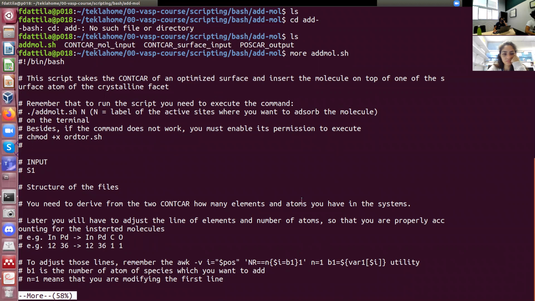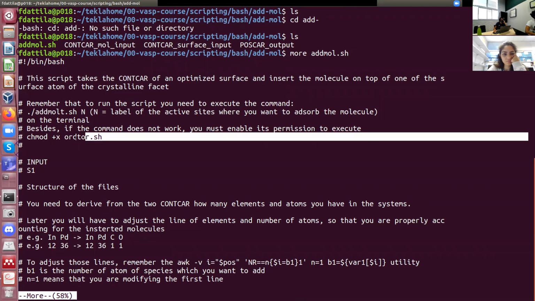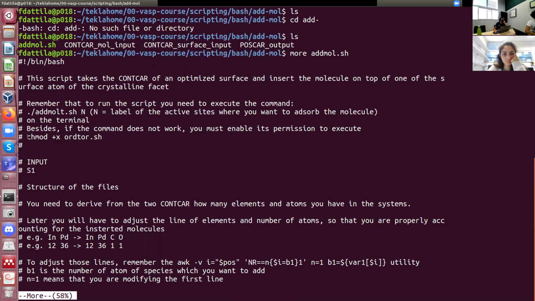Then, this command that some of you have seen also in other live scripts is just to give you the permission to execute. Usually all the other files, like you see here, there is a difference: this is green, this is white. The difference is that here you have the right to execute because this is a script.